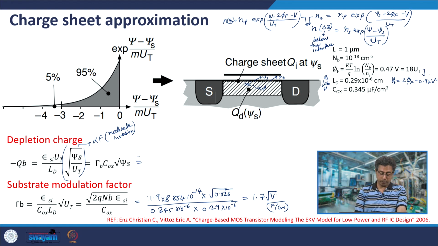So, what is the value of depletion charge at the edge of strong inversion and moderate inversion regimes, when chi s is equal to 2 phi f?